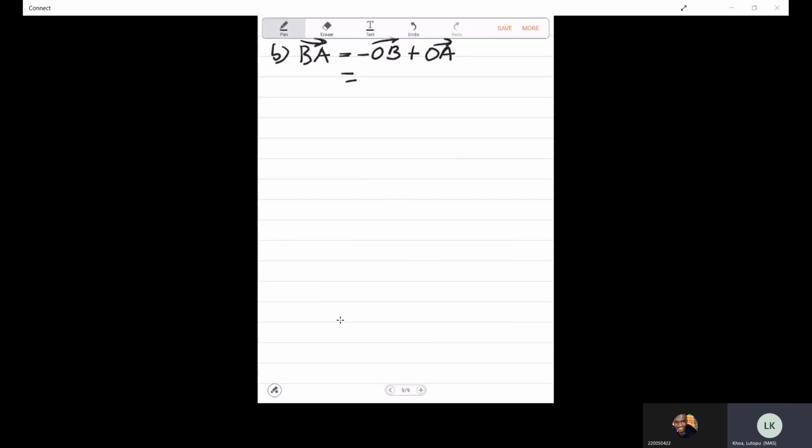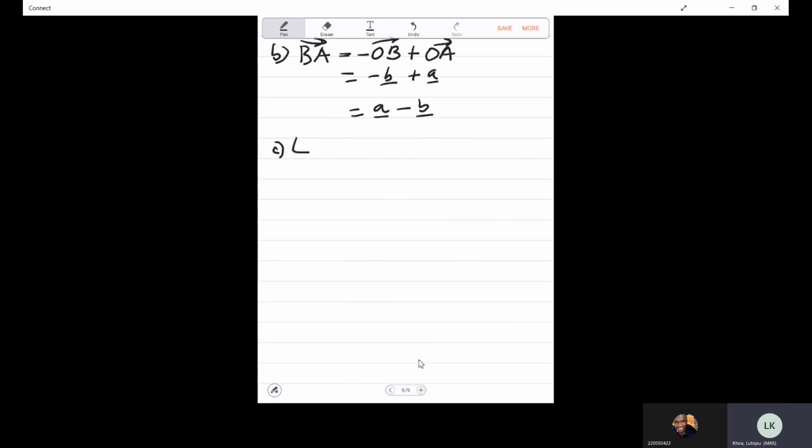So this is minus B plus A. Okay, and you can rewrite this as A minus B. That's fine.